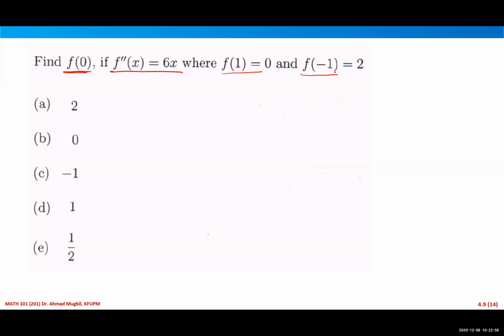You are playing, guys. You are not choosing. The students who choose right now, I know that they are playing. They are not serious at all. You cannot solve this question in a few seconds, unless you are a magician, not a mathematician.